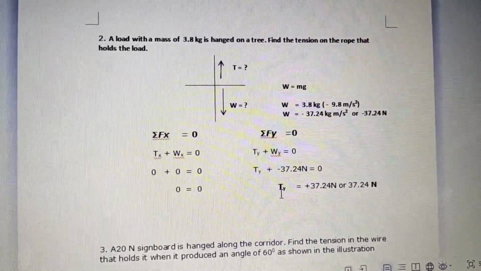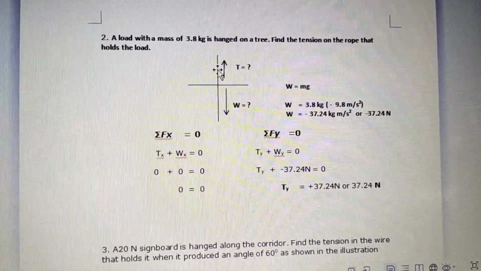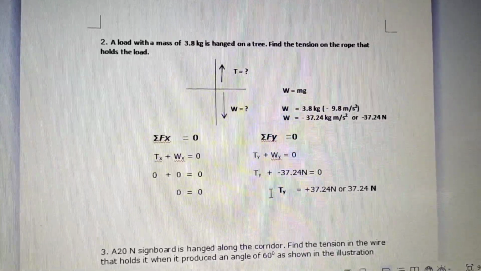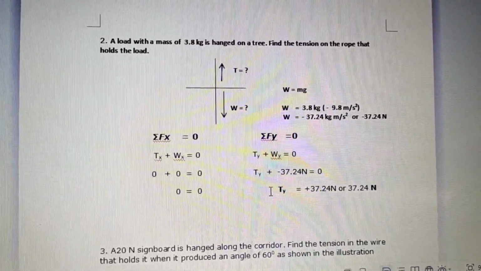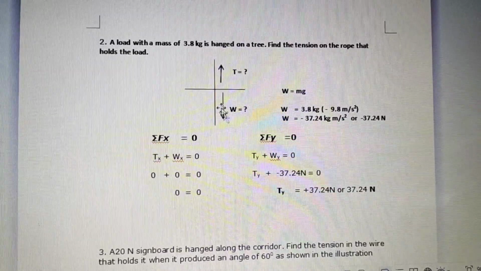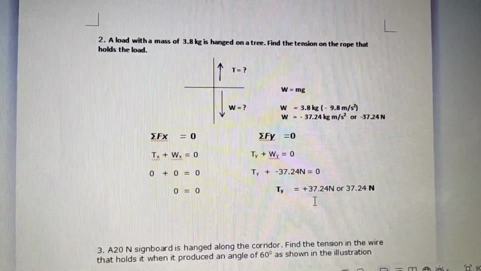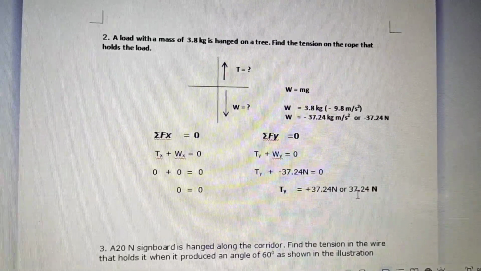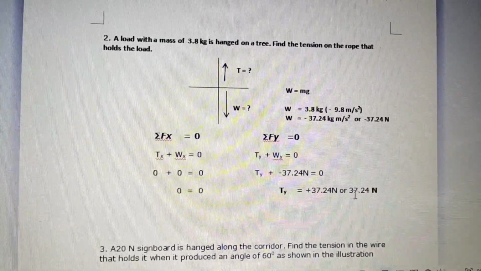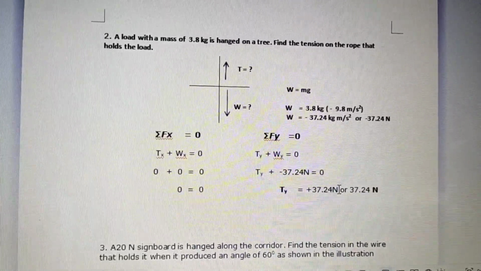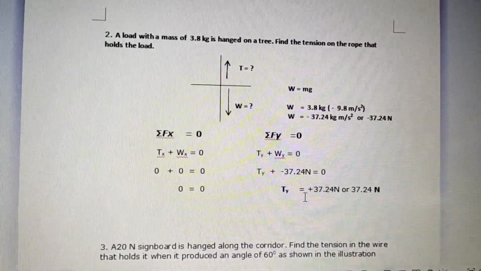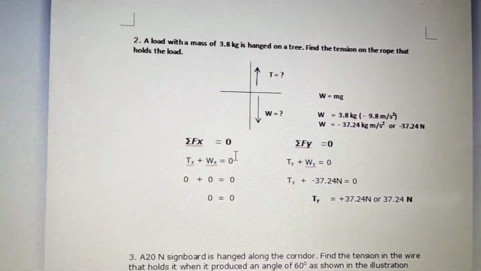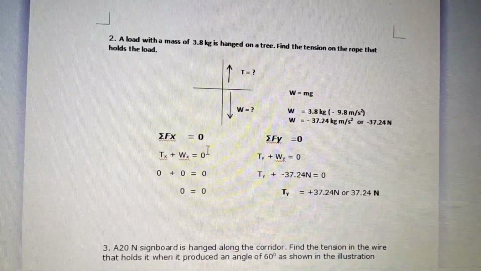So the tension that should be present to exert a pulling force to our load should be 37.24 newtons, or 37.24 kilogram meter per second squared. Okay? In order for an object to be in a balanced state.